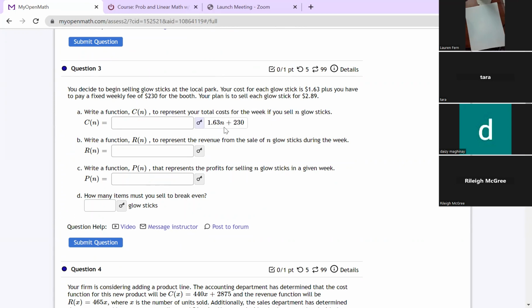I think the thing that'll mess most people up here is notice they want you to use the variable N. Literally they were $1.63 a piece to make, and we had $230 for our fixed costs. We're also given the revenue. We're selling them for $2.89 a piece, etc. So do you see how this one's a pretty direct one?